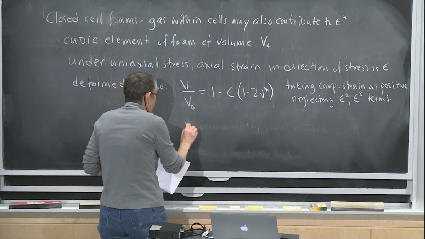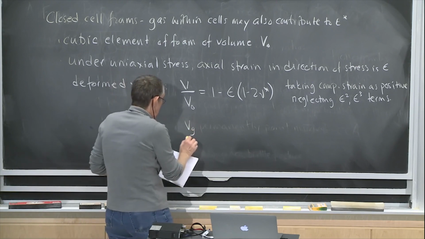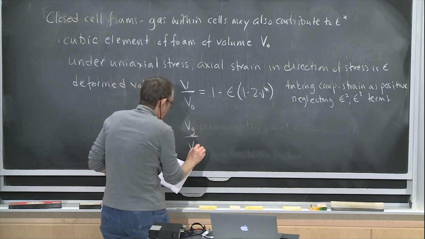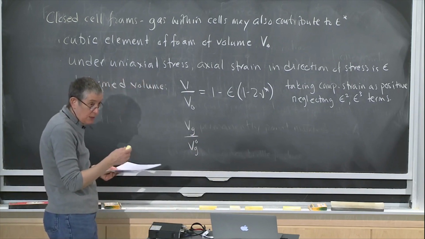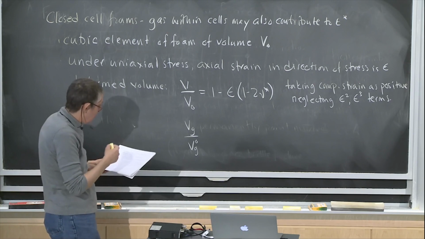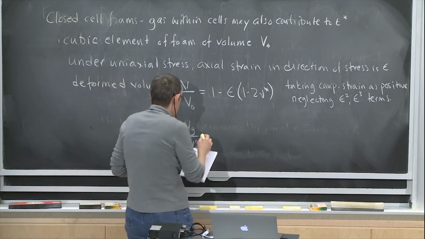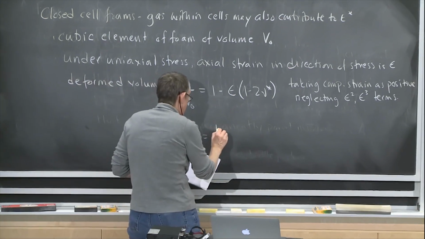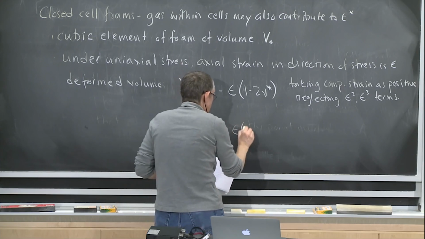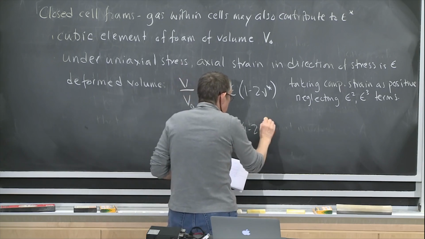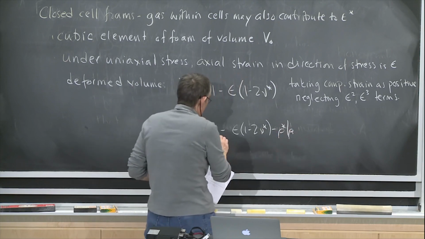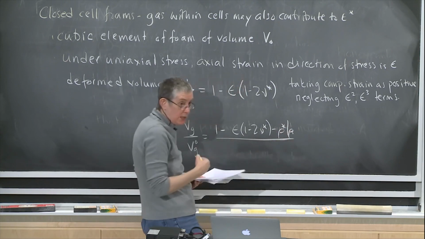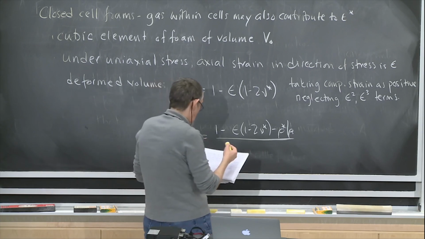And I can get that by just subtracting off the relative density. So Vg over Vg naught. Again, Vg naught is the volume of the gas initially. Vg is the volume of the gas when I'm compressing it. Remember, the relative density is the volume fraction of solid, so I'm essentially subtracting out the amount of solid to get the amount of gas.